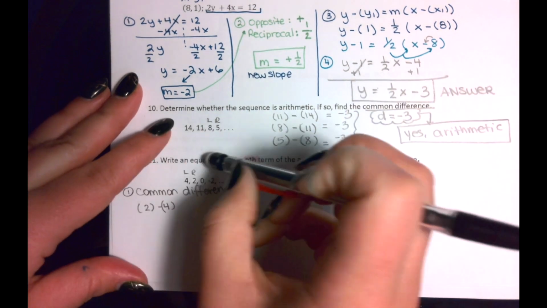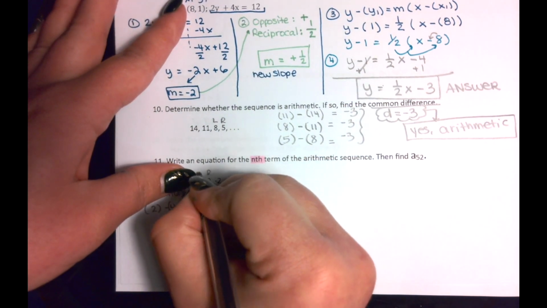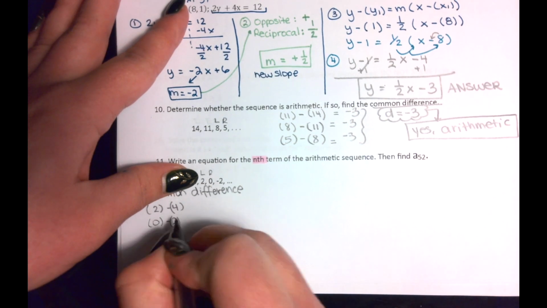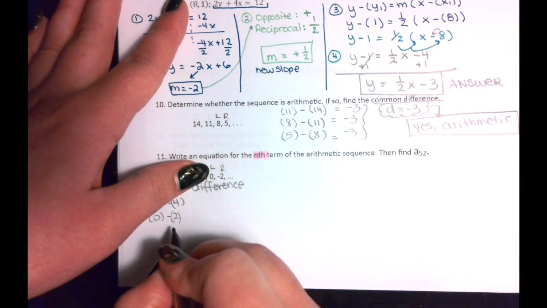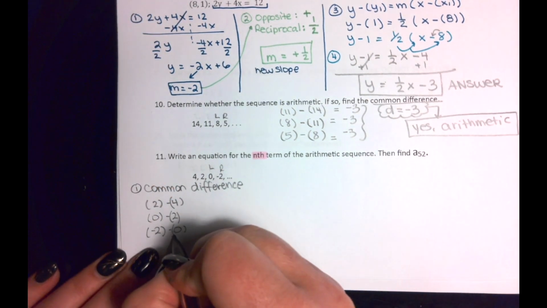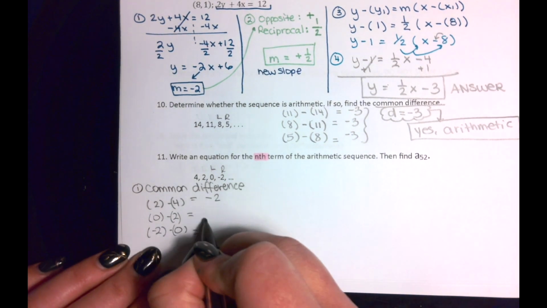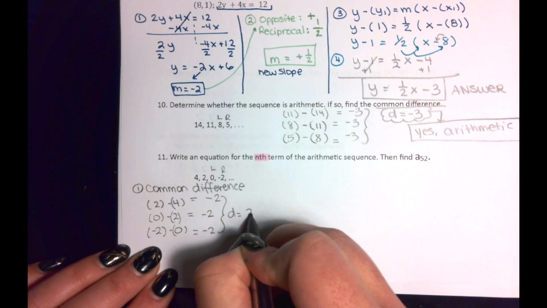Taking your shift over. I'm going to hide that 4, your right minus your left, so 0 minus 2. And then your right minus your left, so -2 minus 0. Use a calculator if you need to. Here we have a -2, -2, -2. So that means common difference is -2.